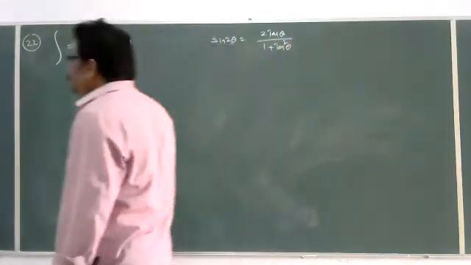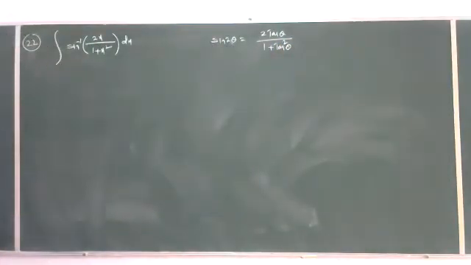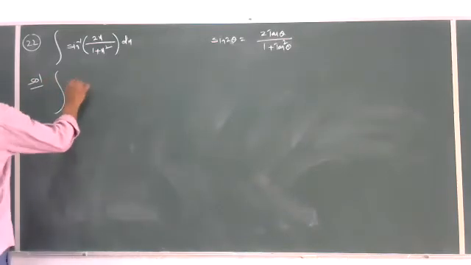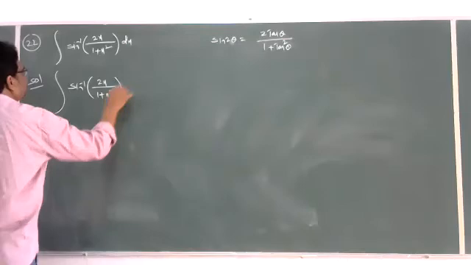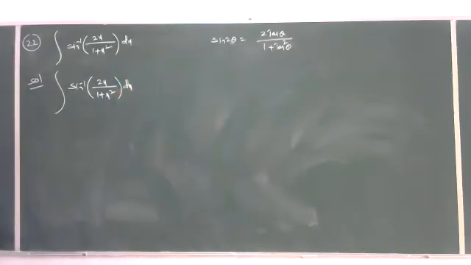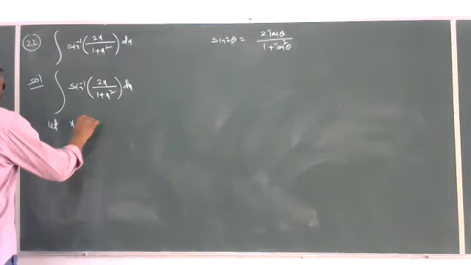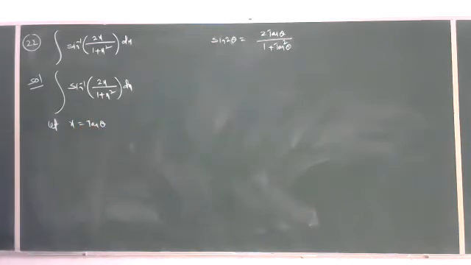That's why you can substitute x is equal to tan theta here. So solution: integral sin inverse of 2x by 1 plus x square dx. Let x is equal to tan theta.